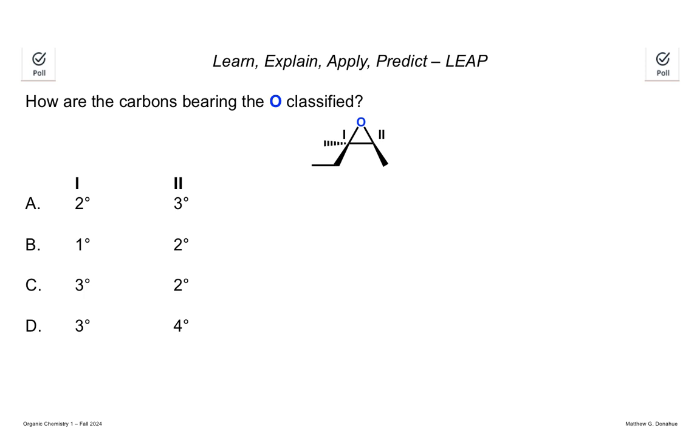even though we're showing an ether, how would you classify those carbons if they were alcohol functional groups? So this would be tertiary, and that would be secondary.